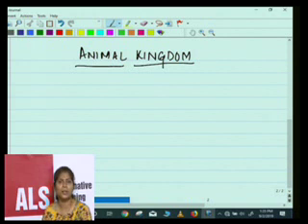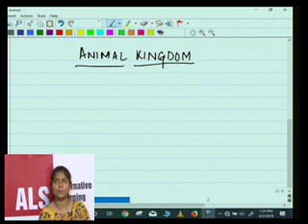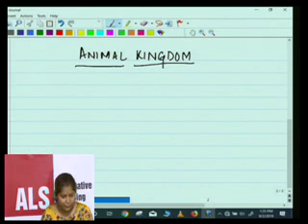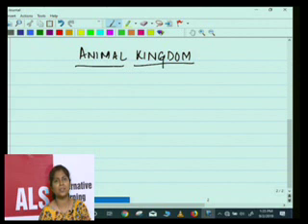You need to learn the examples and the classifications given in the book, because questions will come directly from your book without any modification. I will also give you some questions from previous year NEET papers, so that we get an idea of how questions are asked from Animal Kingdom.